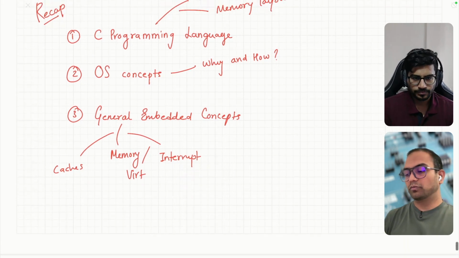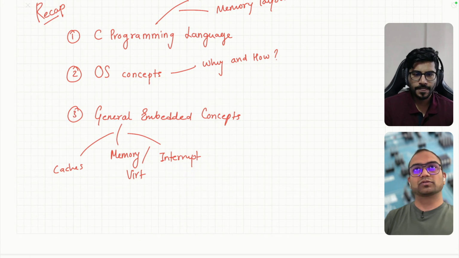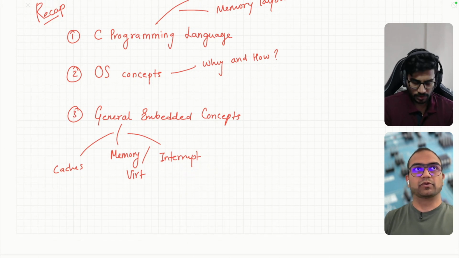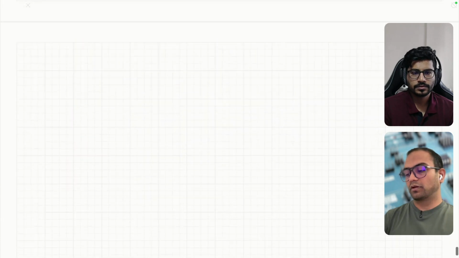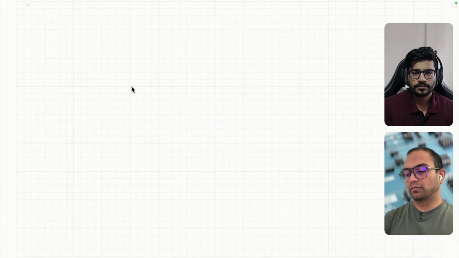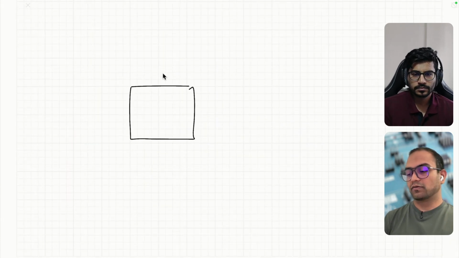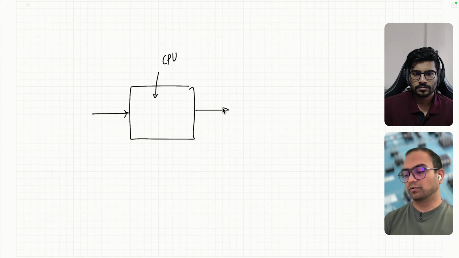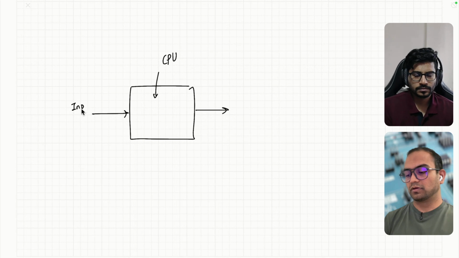Mohammed, can I go ahead and add a few points of my own? Yeah, definitely. A good way to think about all of this is that centrally there is a CPU that takes input, processes it, and gives out the output.